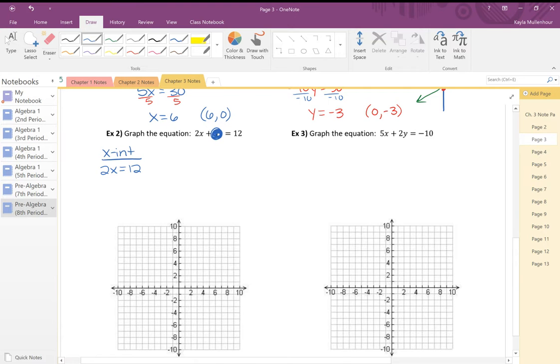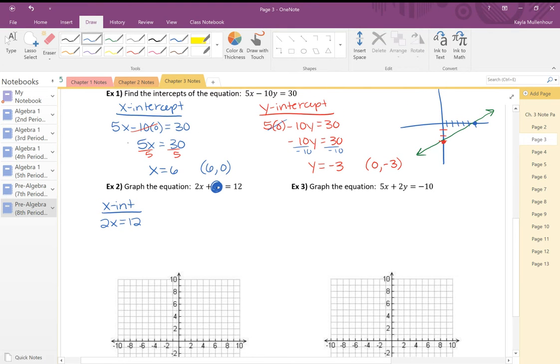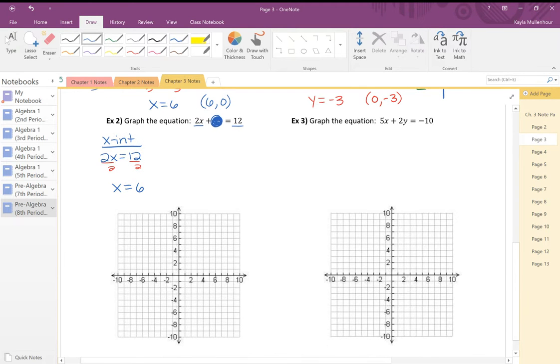So you don't really have to show the work where you were plugging in 0 for that term if you can realize that every time it's going to become 0. So then you're just left with the term that involves x. Dividing both sides by 2, 12 divided by 2 gives you 6. So your x-intercept is positive 6.